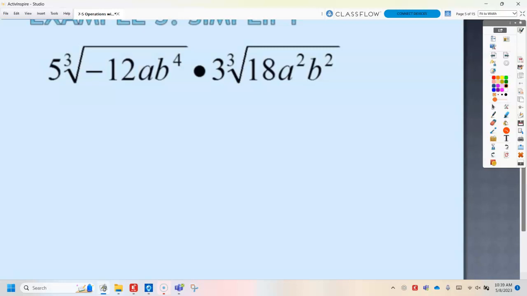Sometimes we're going to have radicals multiplied by radicals. So that's where this property comes into play again. So what we do is if there is a number out in front, that follows our normal rule. A number times a number just multiplies those numbers together. So 5 times 3 gives me a 15 out in front.